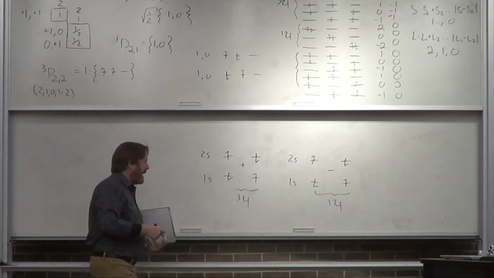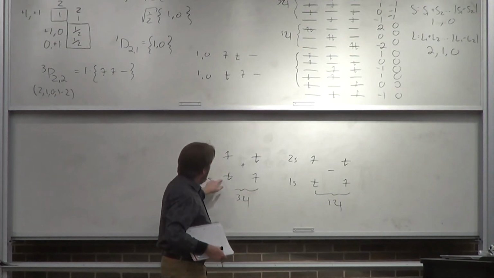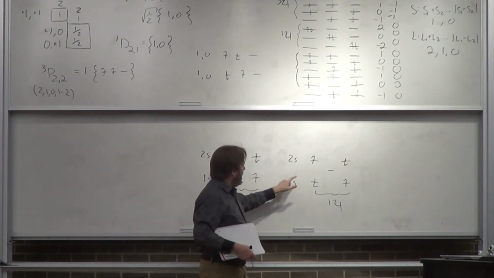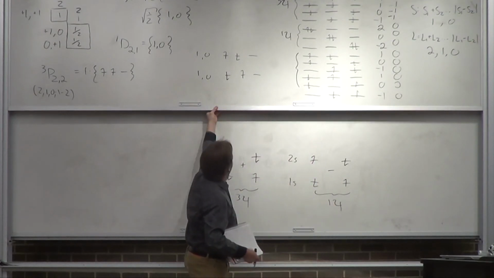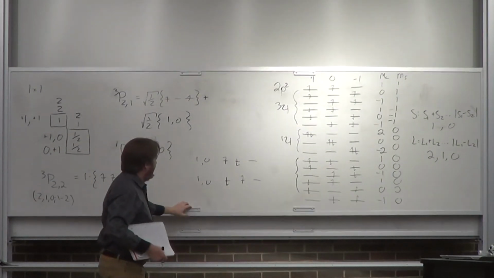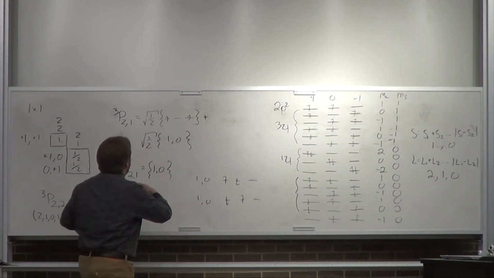Remember that from yesterday? Again, up, down plus down, up is triplet. Up, down minus down, up is singlet. Up, down plus down, up, that's our triplet.